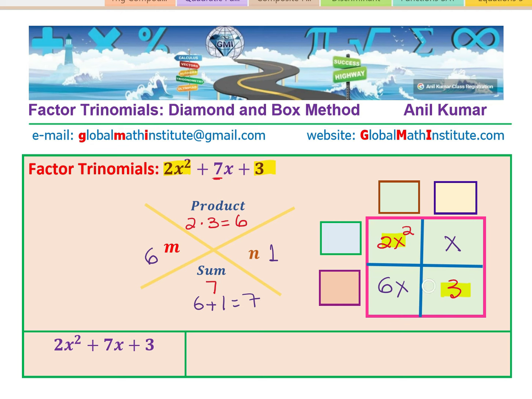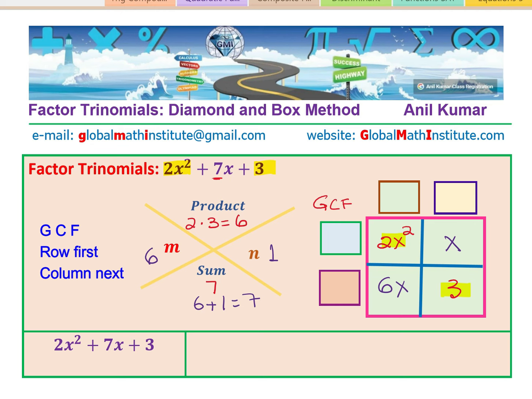How we get the result from here is also very simple. You have to look for the greatest common factor along the rows and along the columns to get the result. I prefer to begin with the rows. So let's find the greatest common factor for each row and each column.